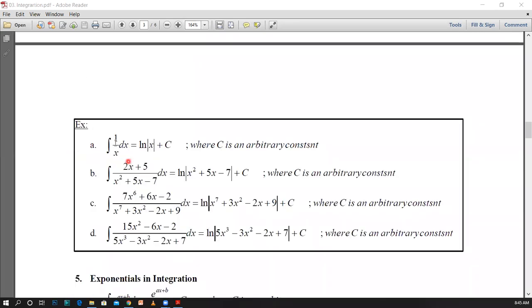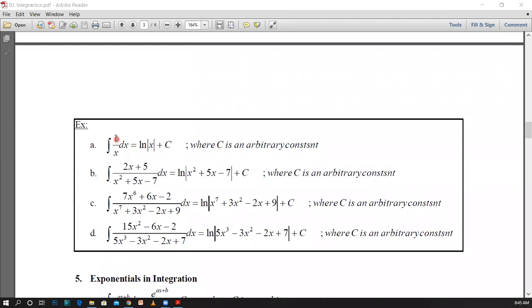The very first example is the integral of 1 over x dx. Now you can see the function which appears in the denominator is x. And if you see the numerator, the derivative of x is equal to 1.